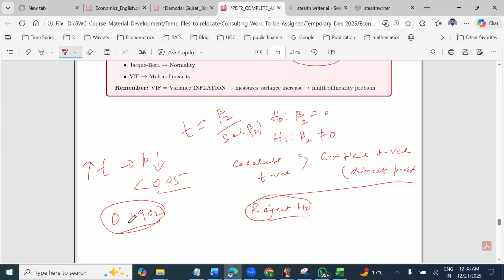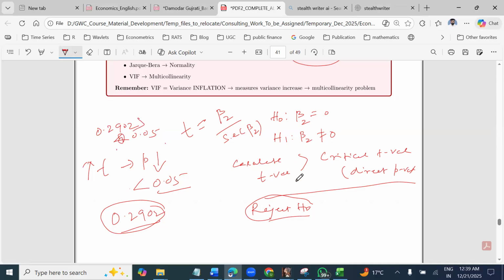Is the test statistically significant? Yes. How? 0.2902. Is it less than 0.05 or greater than 0.05? Greater than. Then how? I told you, no?